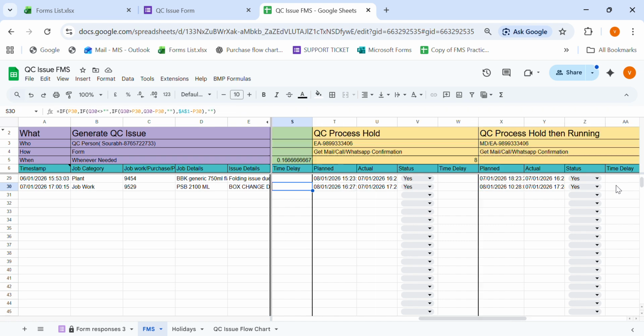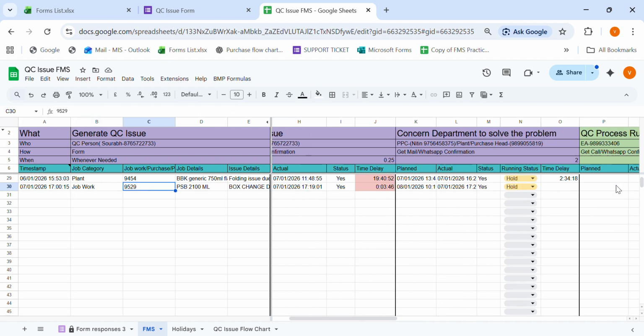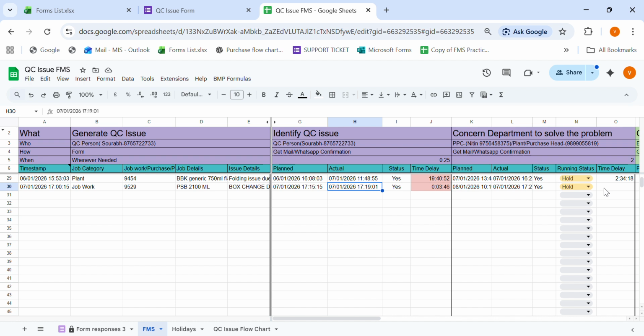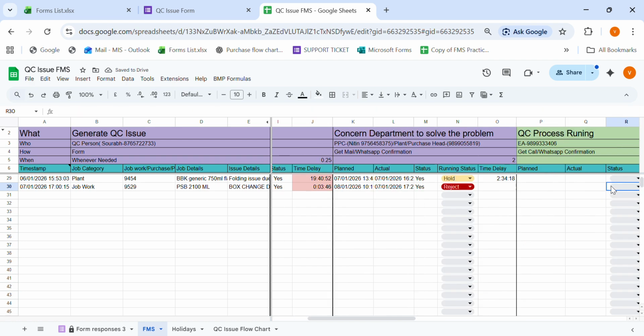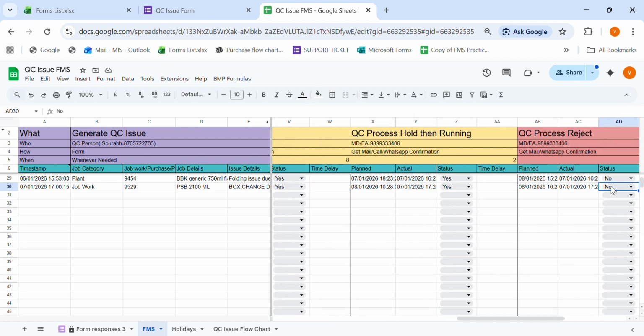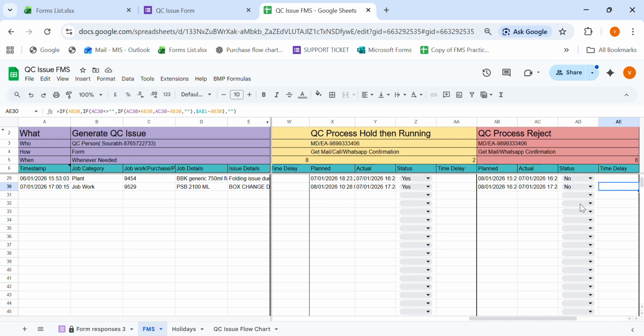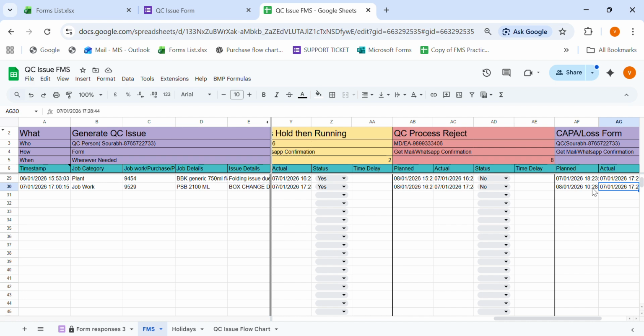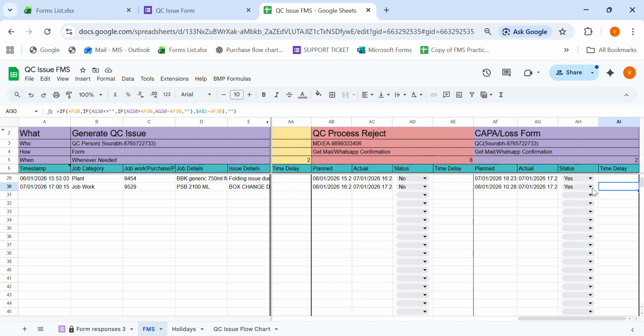If the concerned department takes another action, like reject, then it goes to the reject step. Here we update reject as yes by the PC person, and update the last one, which is the loss generated.